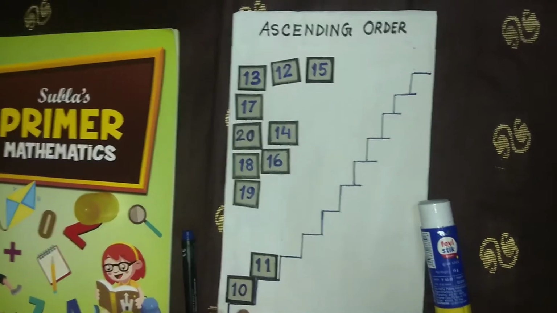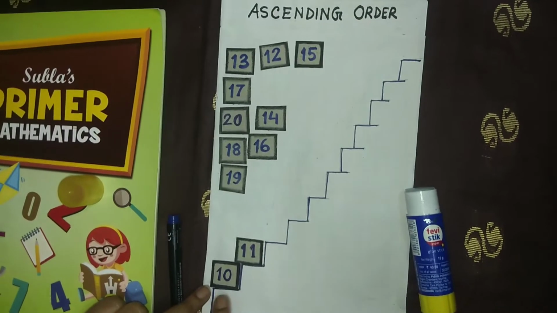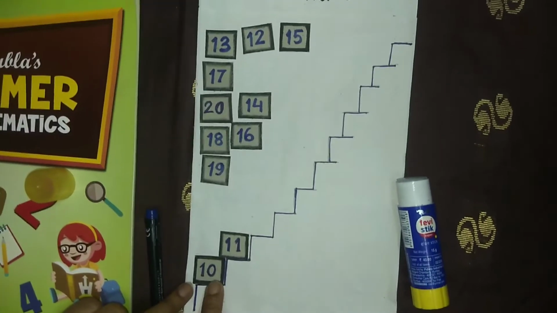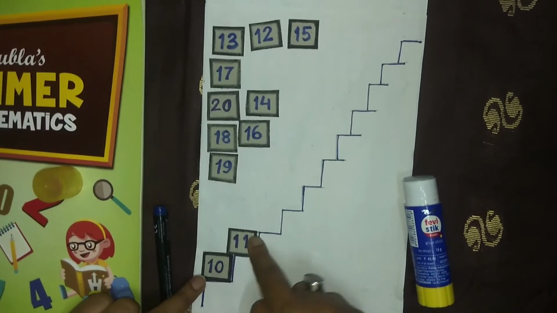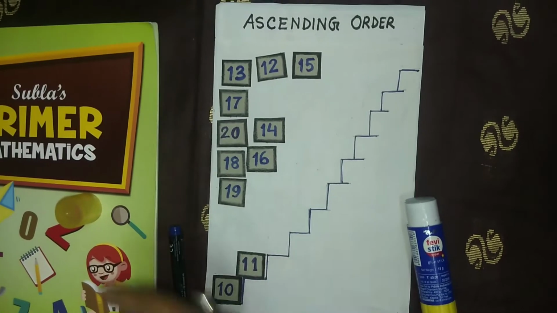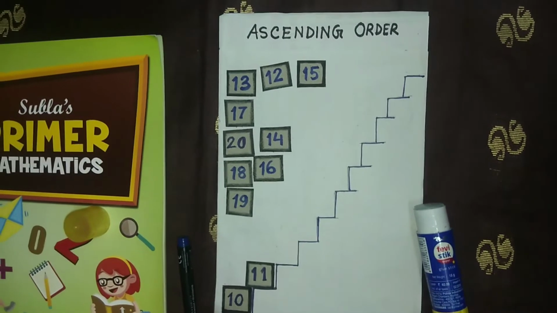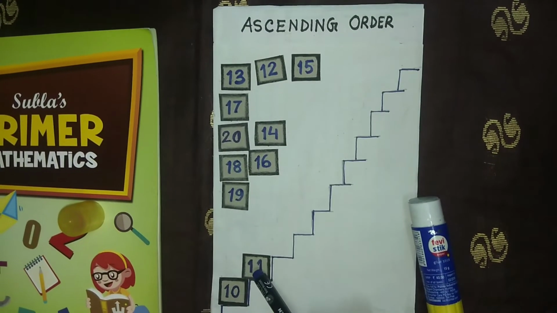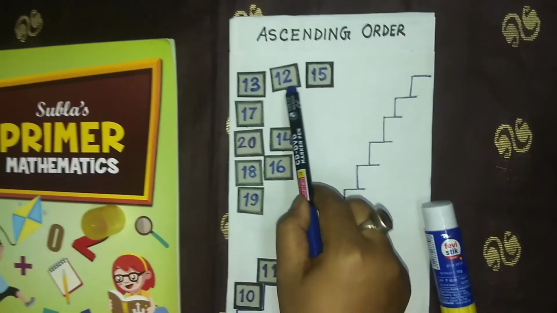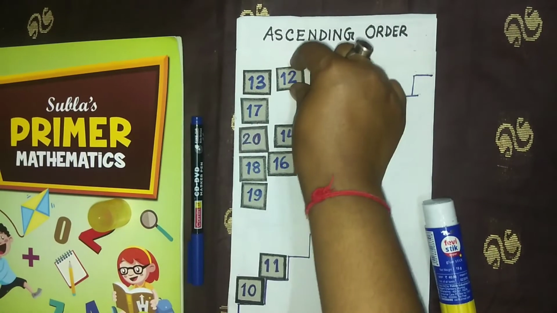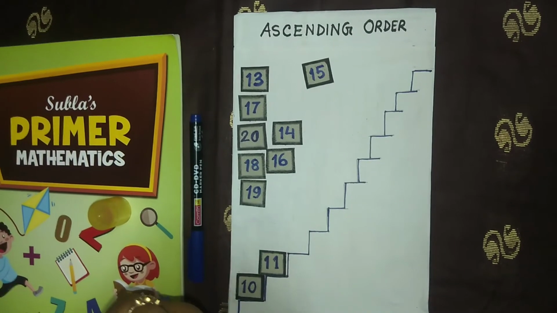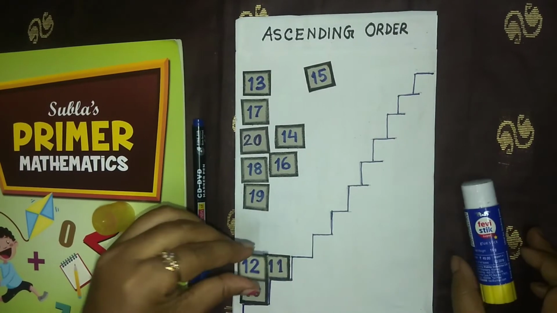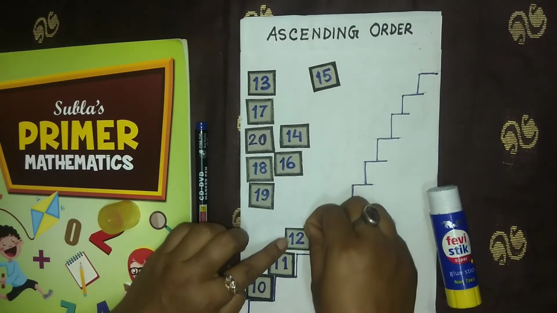So first step, the smallest one, is number 10, after that 11. Next, I am finding the next number after 11. Which one? Yes, obviously 12. So I am taking this number and pasting it over here.